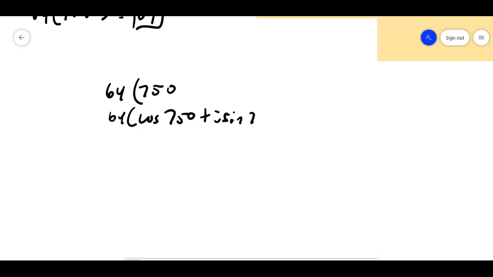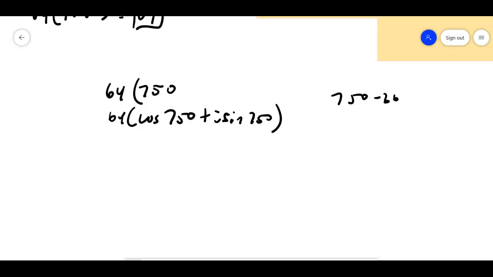Now the other thing, let me just show you real quick. Let's say you were ever to multiply the angle and you get something really big, like say, let's say it was cosine 750 plus i sine 750. And so one thing you can do is just keep subtracting 360.